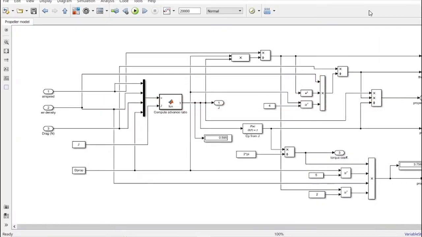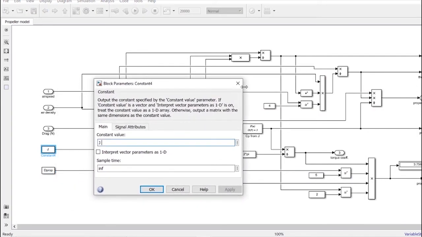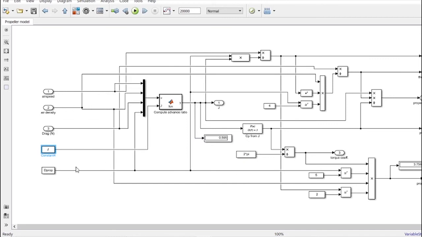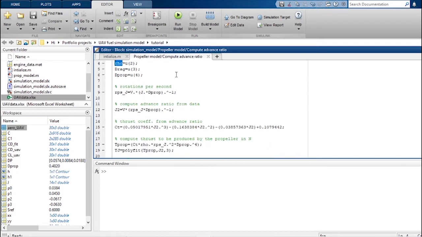To do this, I have all of the representative values and also loaded the advance ratio values from the UIUC database. Once I have these values, I generate a MATLAB function called compute advance ratio. Here I have defined the input arguments to this function, namely the airspeed and the air density.